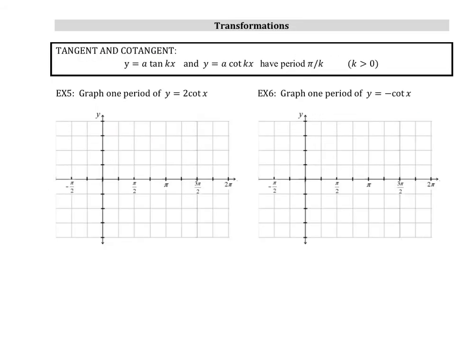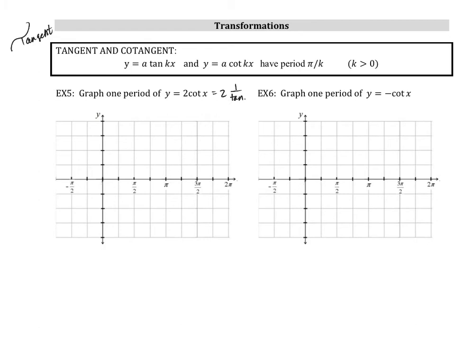All right, so let's look at what happens when we have 2 cotangent of x. Okay, cotangent, this is how I remember: tangent goes up, and then my cotangent goes down. So this would be 2 times 1 over tangent.